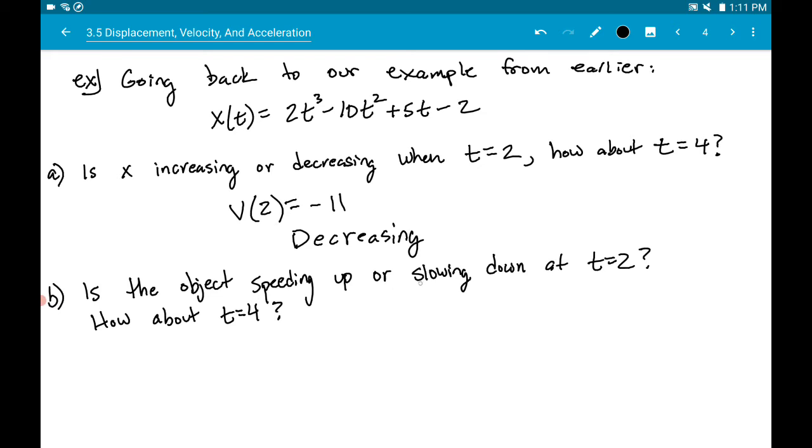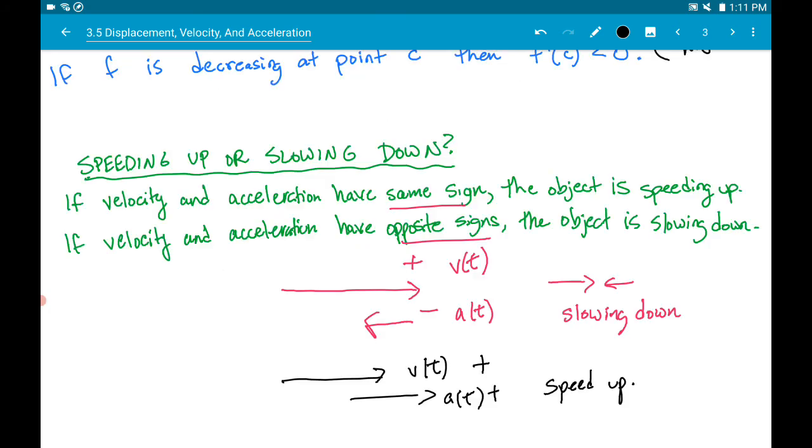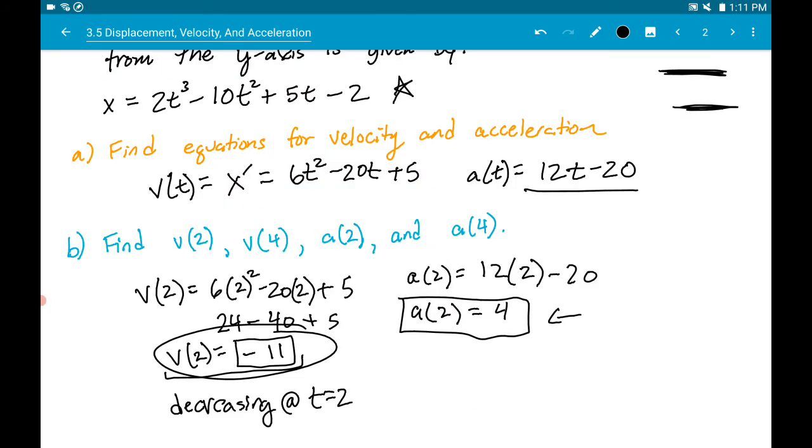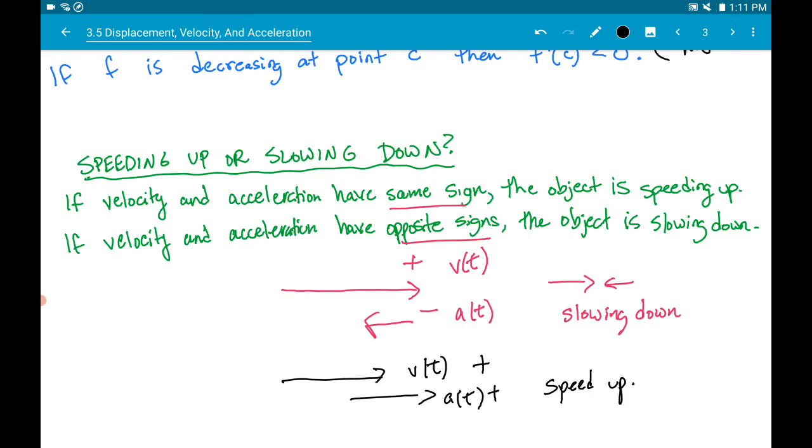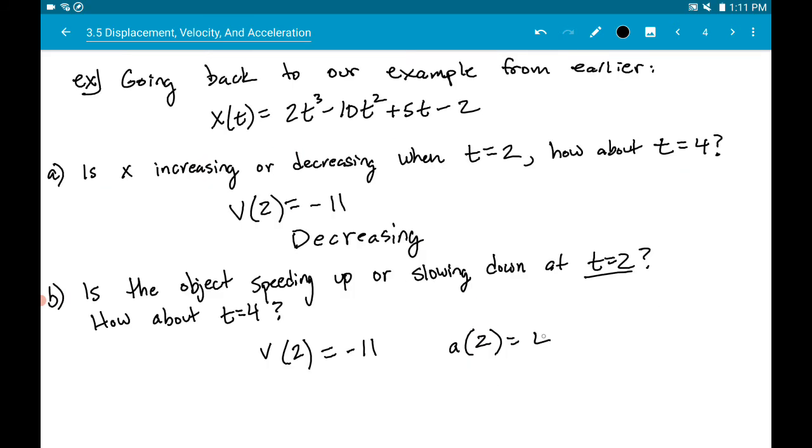If I'm asked for speeding up or slowing down at t equals 2, I have v of 2 is negative 11. What I need to find is a of 2. And really look at the signs. So I have the work over here. A of 2 is equal to 4. I really hope I got that right because I didn't check my work. But what I have is one negative value and one positive.